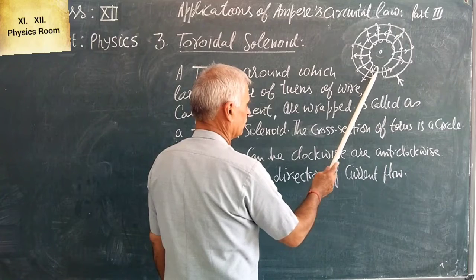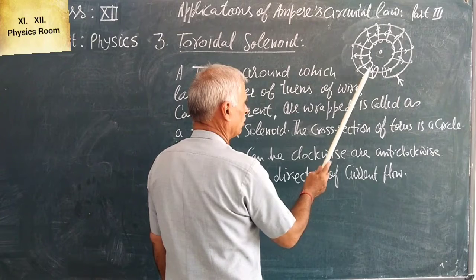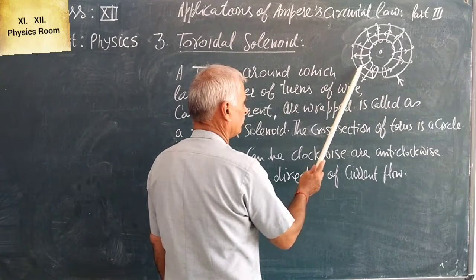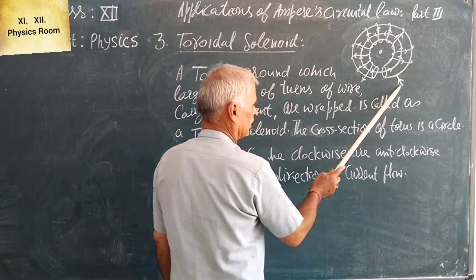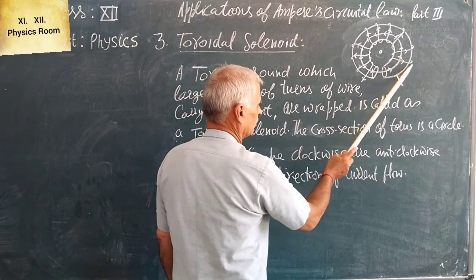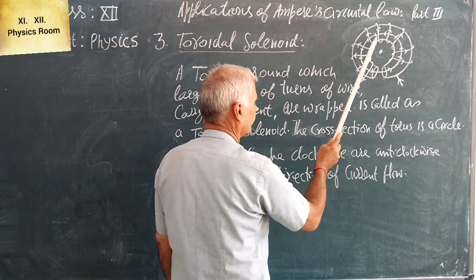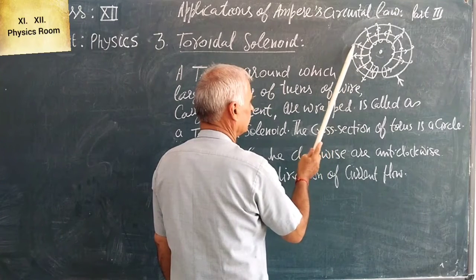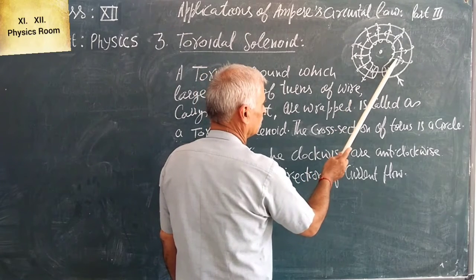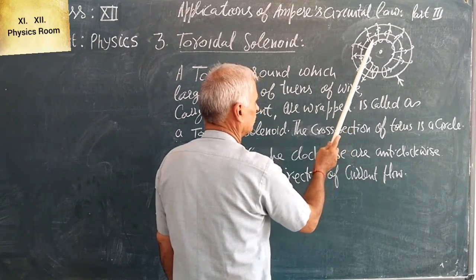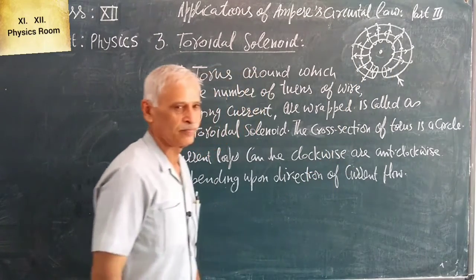This is a torus whose cross section is a circle. Over this torus, a large number of turns of wire carrying current are wrapped. This is the direction of current flow. It flows like this, coming like this, going like this. So these are the turns of wire wrapped around this torus whose cross section is a circle.